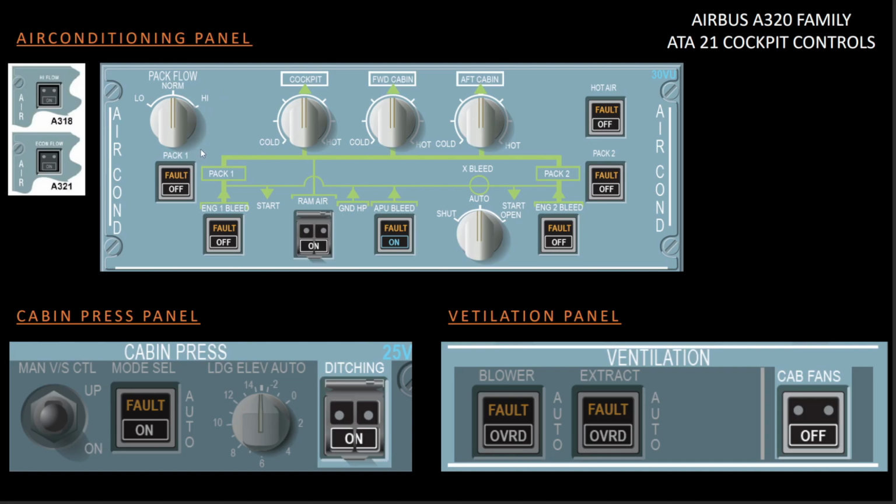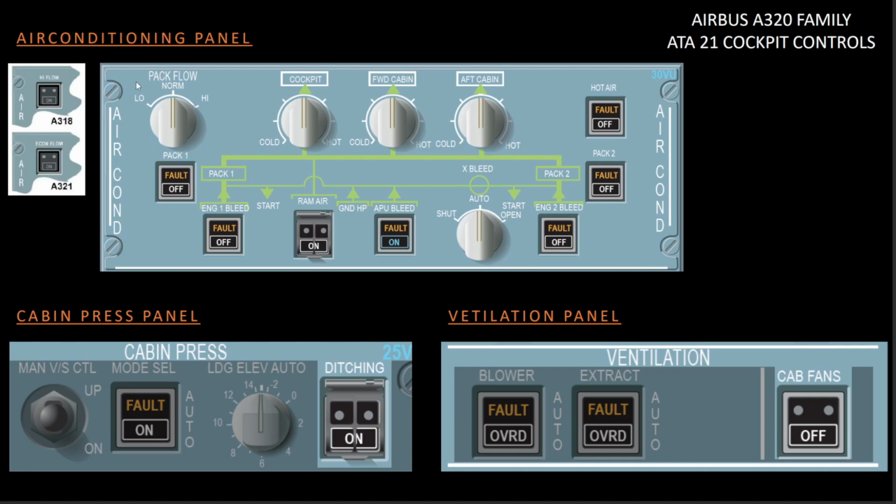In case you have one pack in operation or you have APU bleed in use, whatever the position of the switch, the system will automatically move the flow control valve to supply 120% of flow. If you are using an A318 aircraft, you will have this high flow push button, and if it is an A321 aircraft, you will have this econ flow.